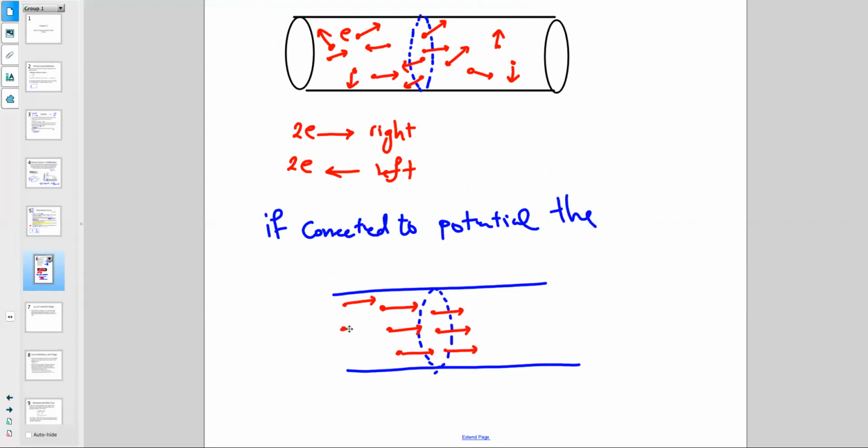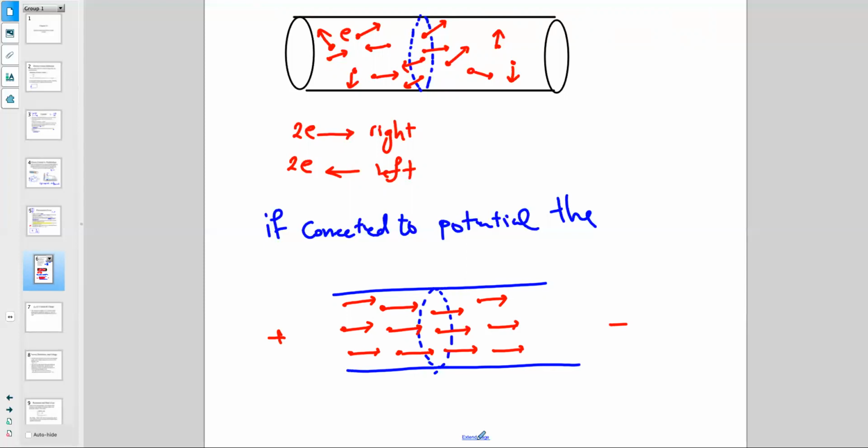All of these electrons are going in one direction, because there's a positive here and there's a negative here. And there is a force because there is an electric field inside, so that all of these electrons are moving to one side. Now, what does it mean?